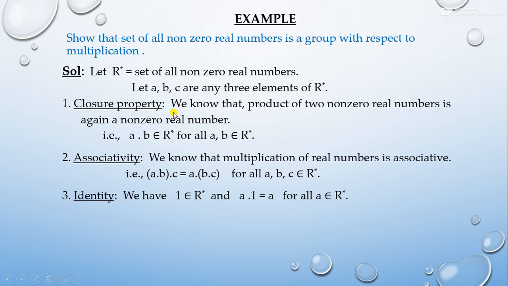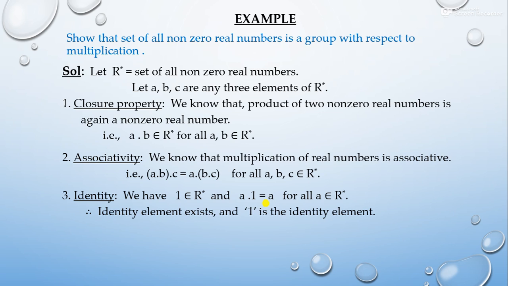As I told you, in the multiplication case the identity is 1. We assume that 1 belongs to our real numbers. Obviously 1 belongs to the real numbers. And if we take any element of the non-zero real number set and multiply it with 1, we get the same number. So 1 is the identity of this non-zero real number set.